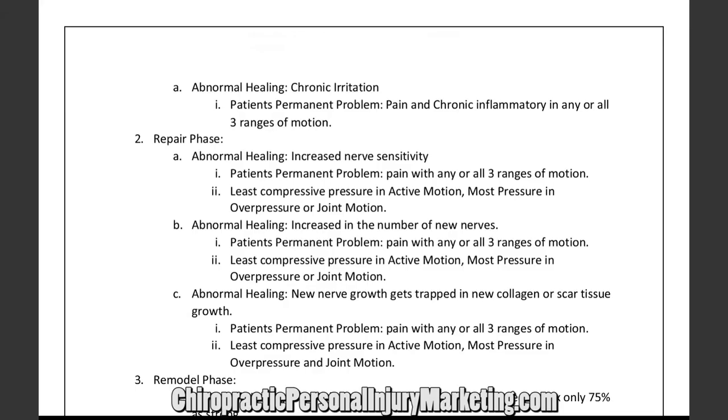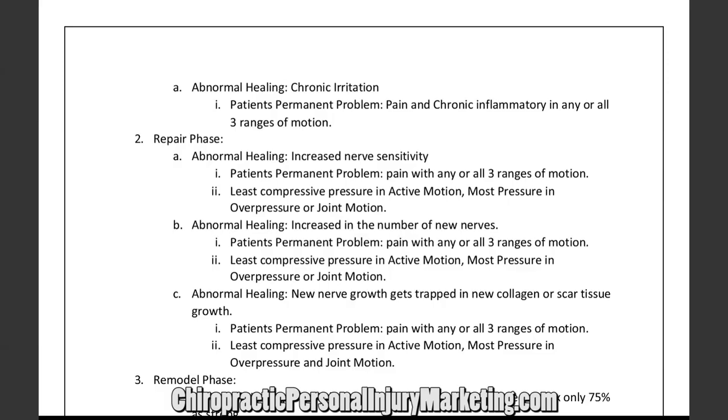Okay, so what happens in the repair phase when they go wrong? Abnormal healing, and I'm just breaking down each of the categories that happens. So what if there's abnormal healing with increased nerve sensitivity? Well, the patient's permanent problem is they'll have pain in all three ranges of motion: least compressive in active range of motion, most pressure in overpressure.